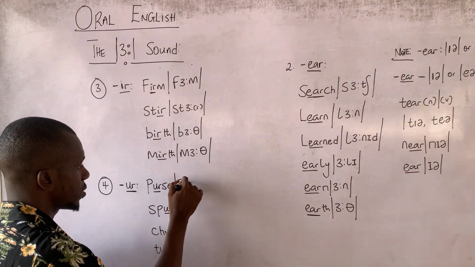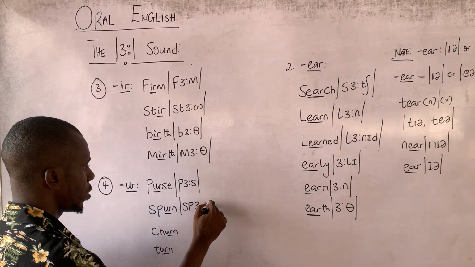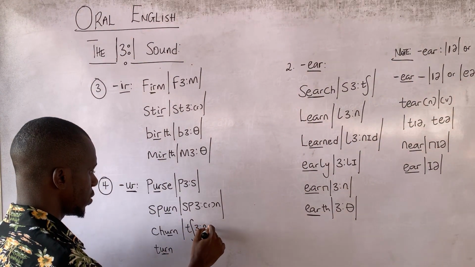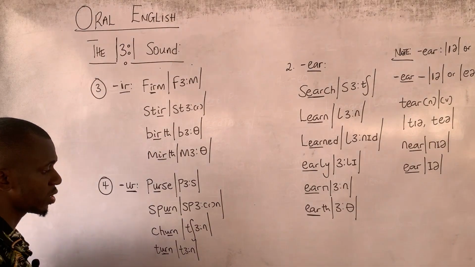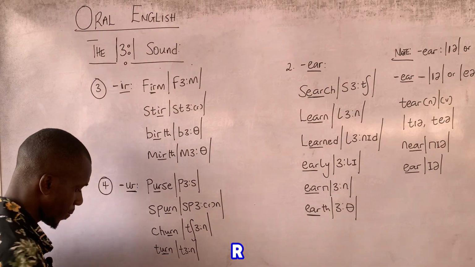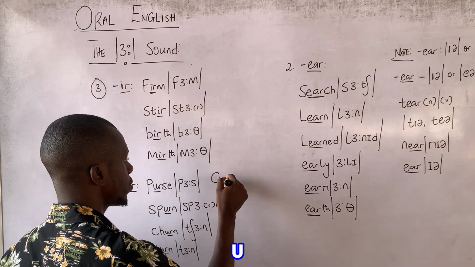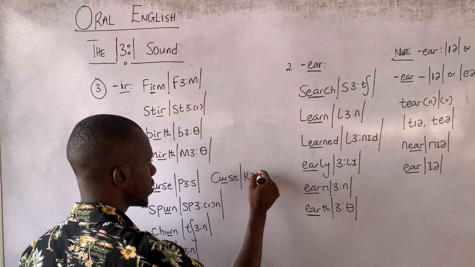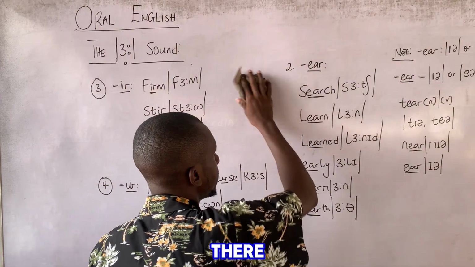So purse is this, spurn is this, churn is this, turn is this. Very easy. So that's for UR. Even a word like CURSE has that sound there.